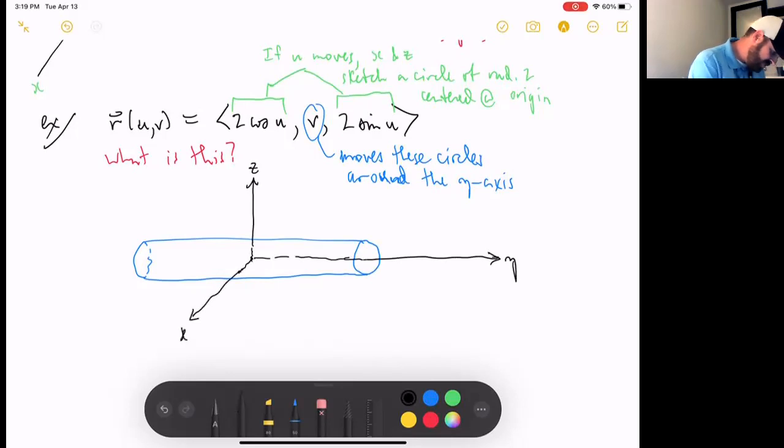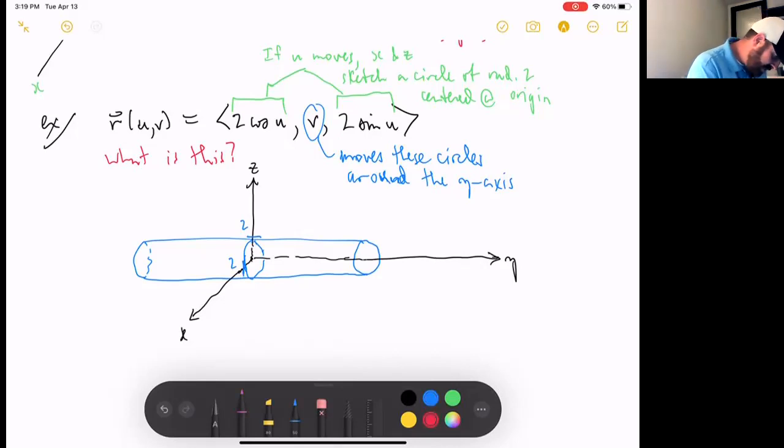And of course, what do the little cross sections look like? Well, all of the cross sections, as it pertains to x and z, are just going to be these little circles of radius 2. This is 2 in this direction, and if it goes out here and hits right here, this is 2 in this direction. As far as x and z are concerned, that just sketches out those things.